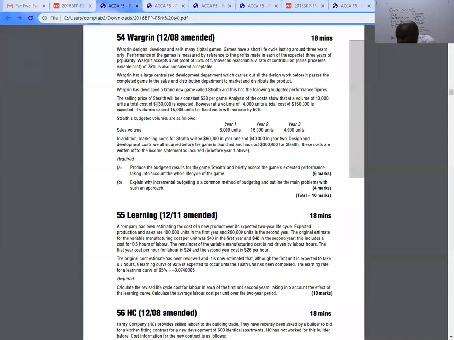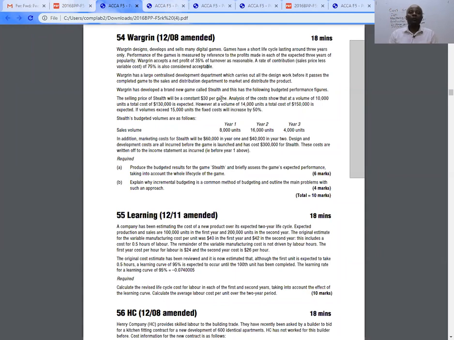However, at a volume of 14,000 units, total cost of 150,000 is expected. So he has given me two activity levels. Whenever he gives me two activity levels, what does he expect me to do? To use the high-low method to decompose the total cost into variable versus fixed cost.